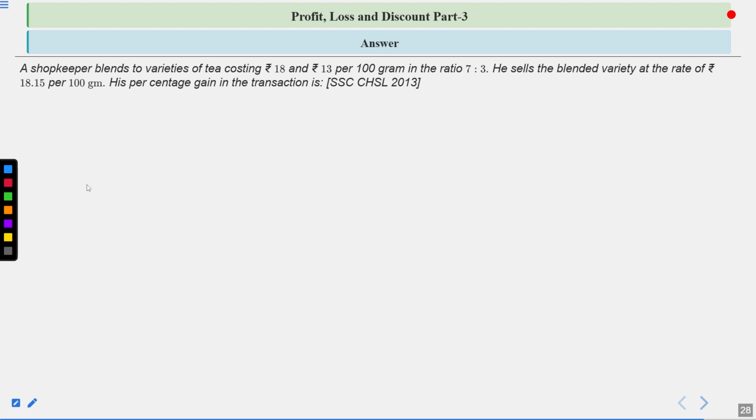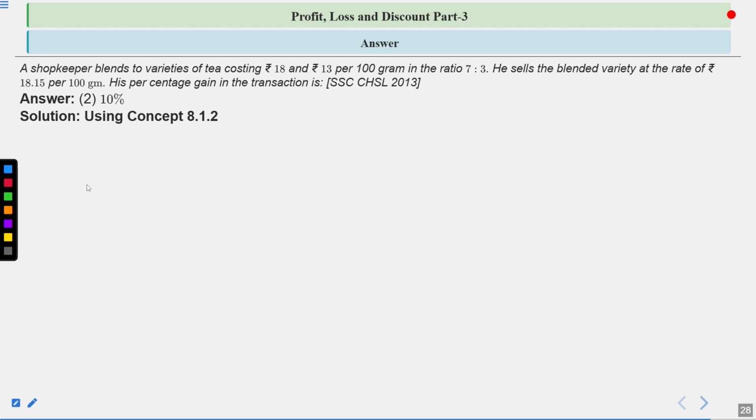So we can multiply the total quantity with 18.15 to get the selling price. So we can calculate the percentage gain in the whole transaction, because then we have the cost price and selling price, so we can calculate the profit. So the correct answer of this question is the second one, which is 10% gain.